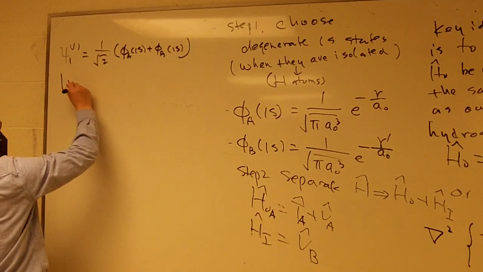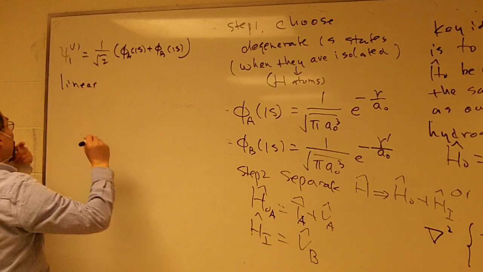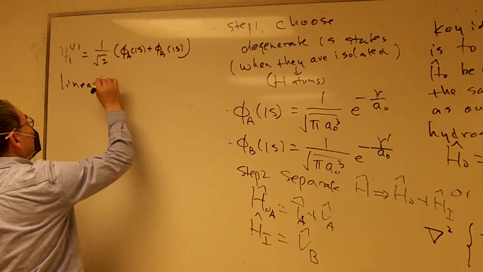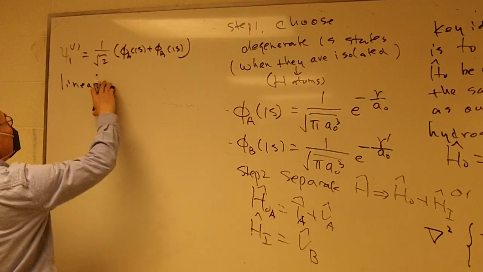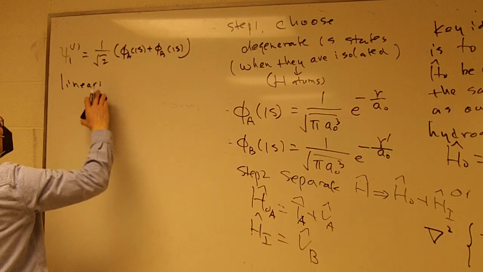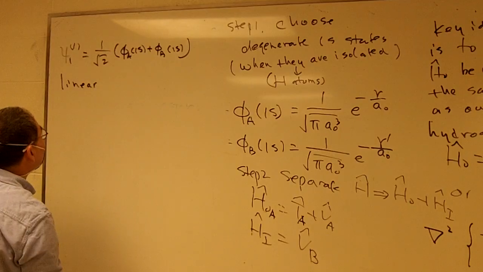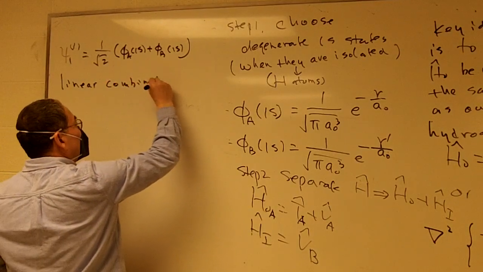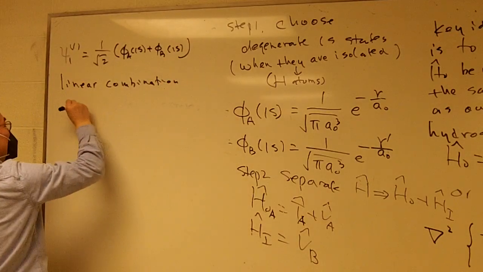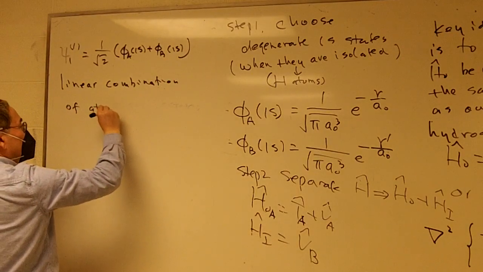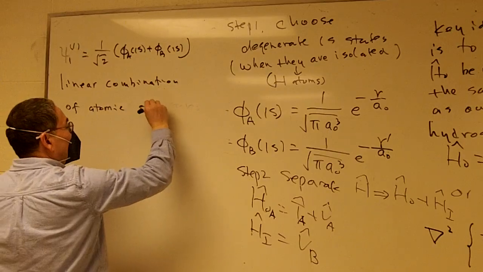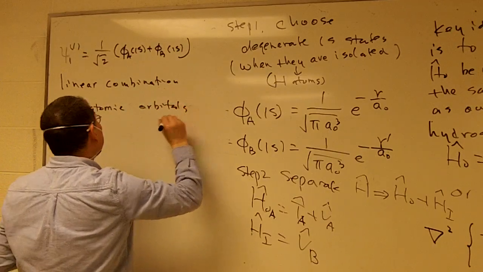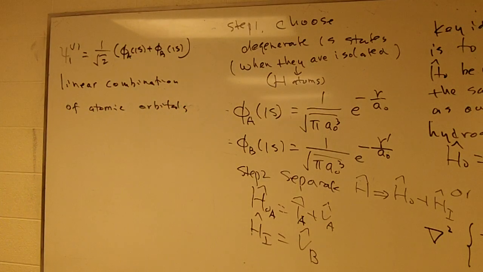This particular feature is called the linear combination of atomic orbitals.